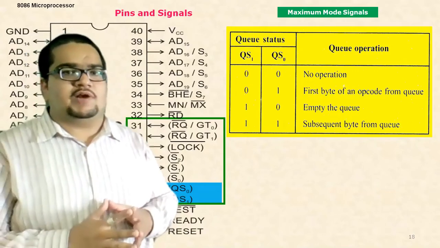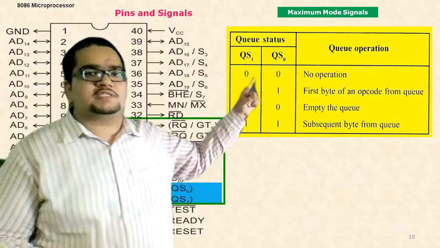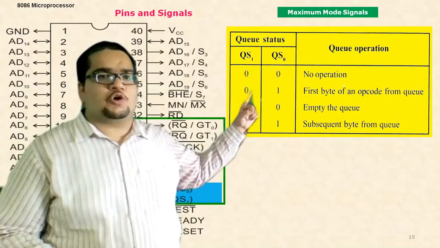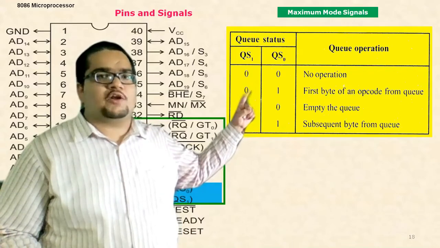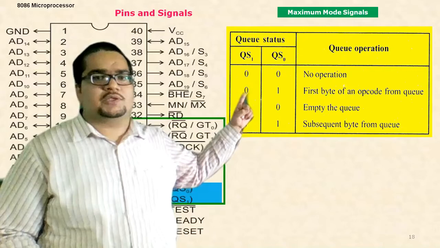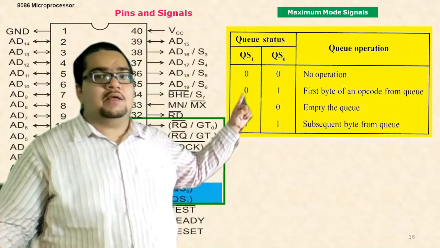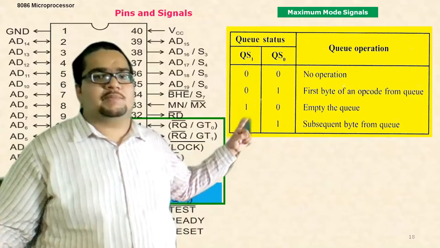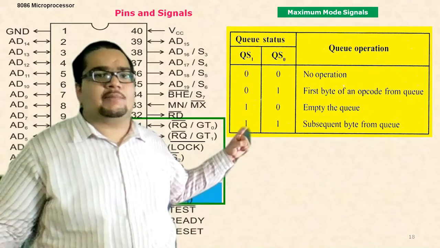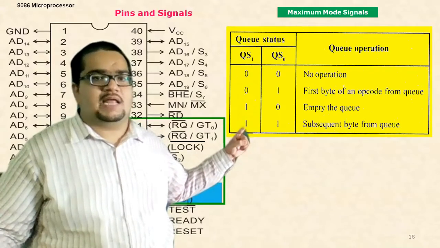Now, what is meant by subsequent byte? Earlier we saw that the first byte of the opcode is accessed in the combination 0 and 1. Sometimes instruction sizes are more than a byte, so the next byte following it, the second byte of the instruction, is accessed here.